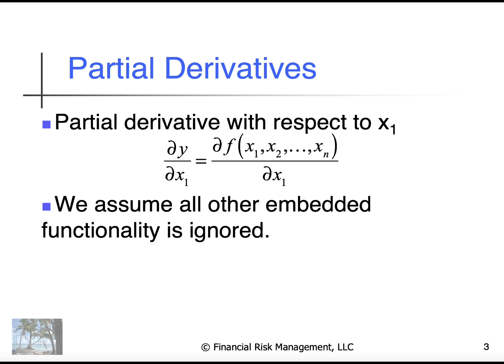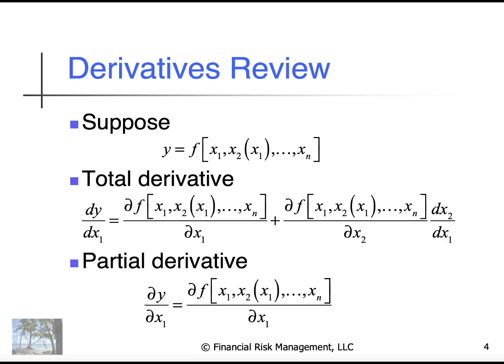You can think of a call option as a function of the stock itself as well as a function of volatility, but volatility itself may be a function of the stock price. And so with partial derivatives, we ignore that embedded functionality.